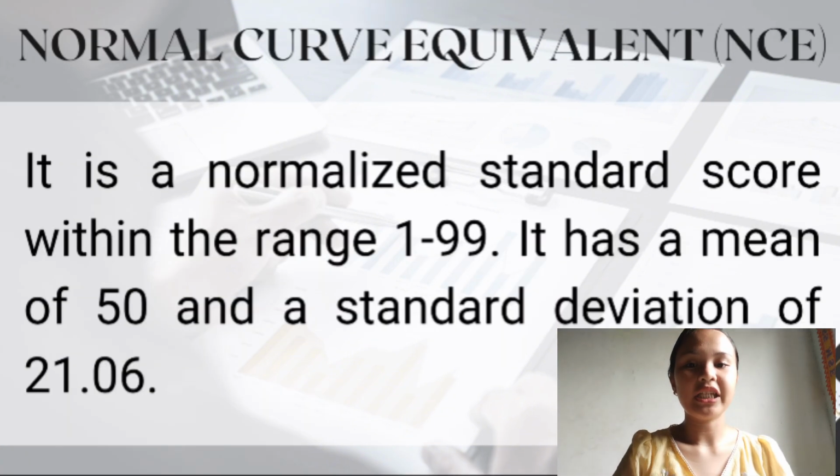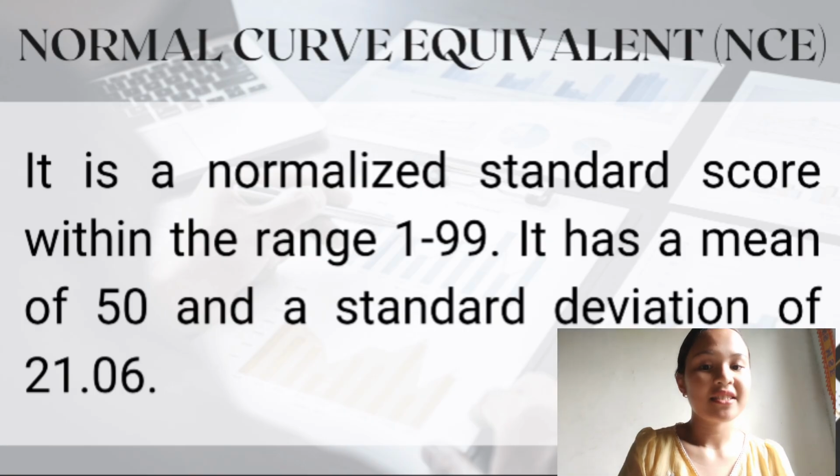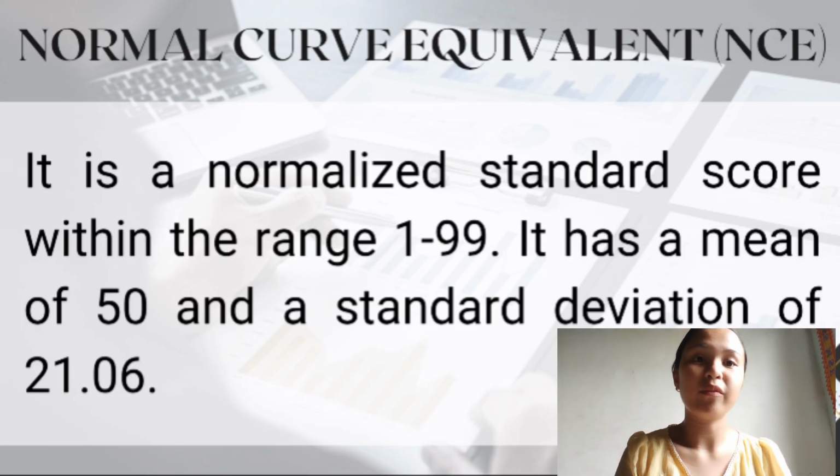Then, letter D, normal curve equivalent or NCE. This is similar to percentile ranks, and it is a normalized standard score within the range of 1 to 99. It has a mean of 50 and a standard deviation of 21.6.